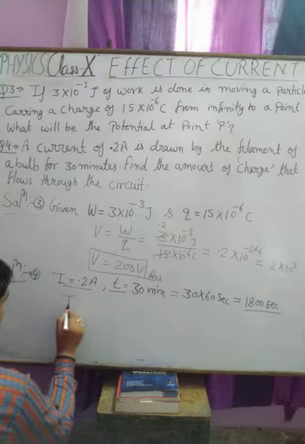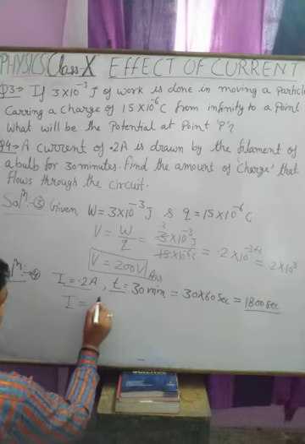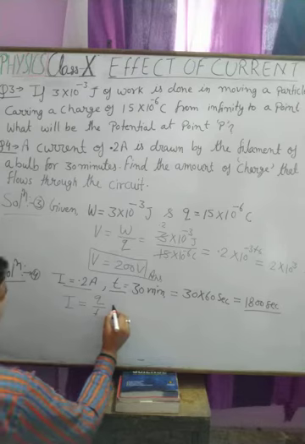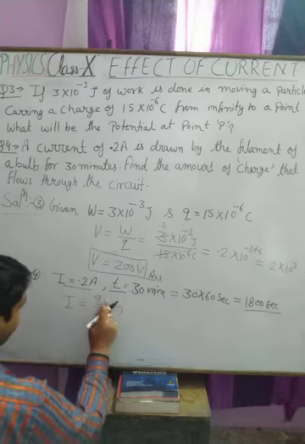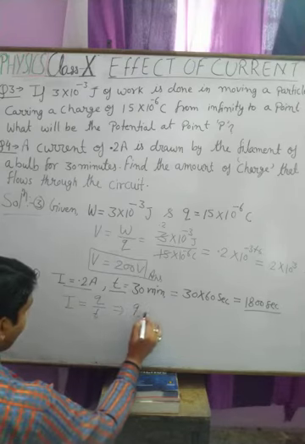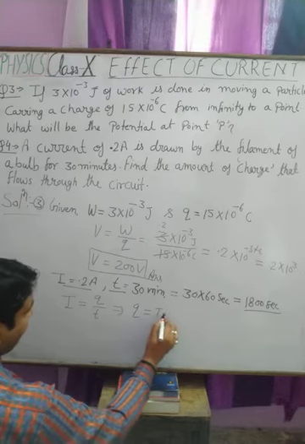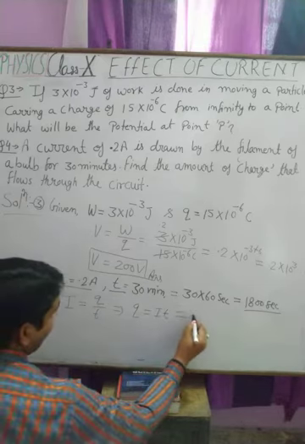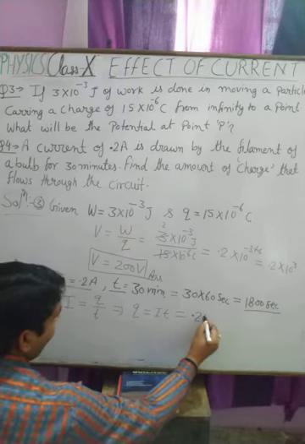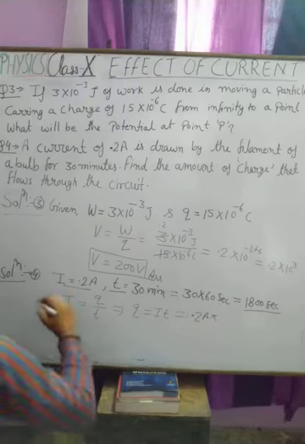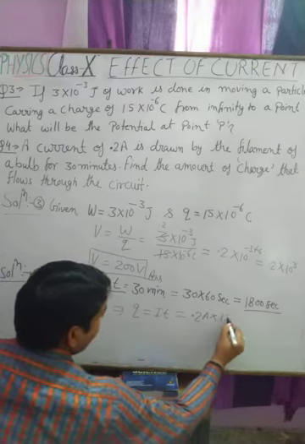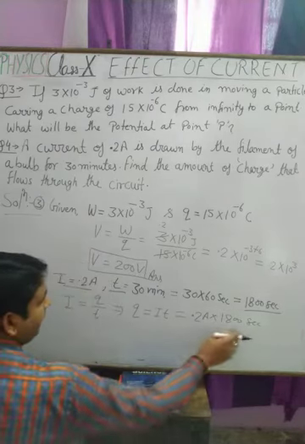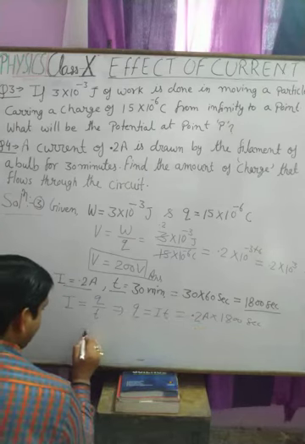We have the formula I is equal to q upon t, therefore we can use here q is equal to I into t. Now we are putting here the value, 0.2 ampere into 1800 seconds.